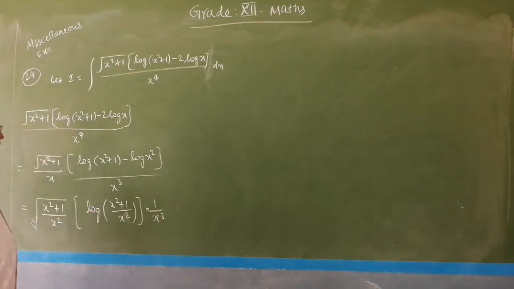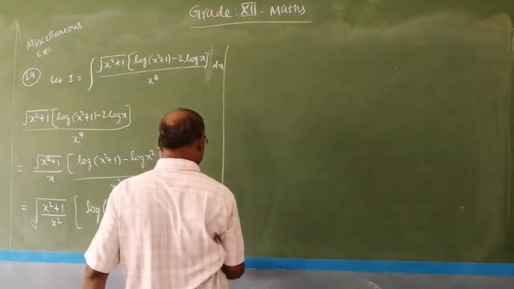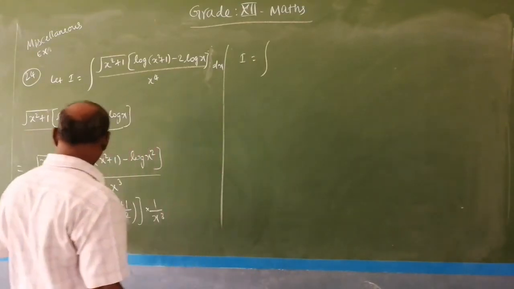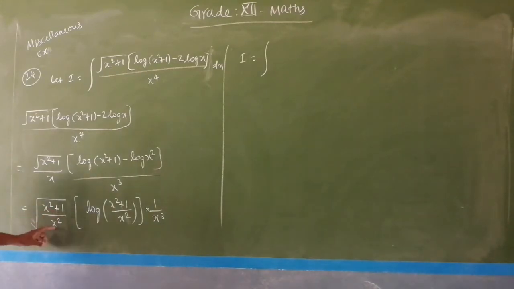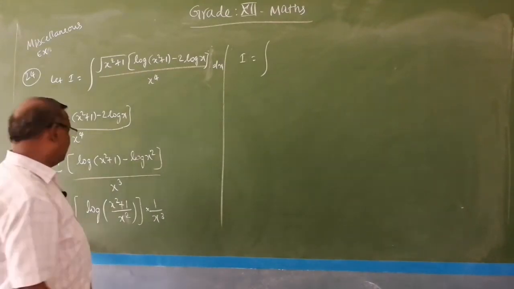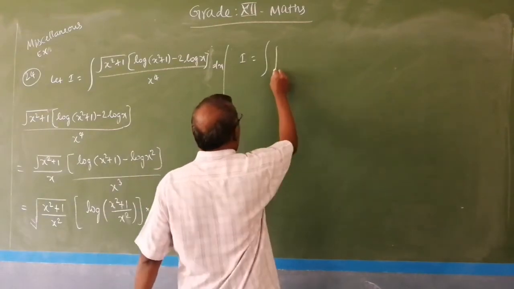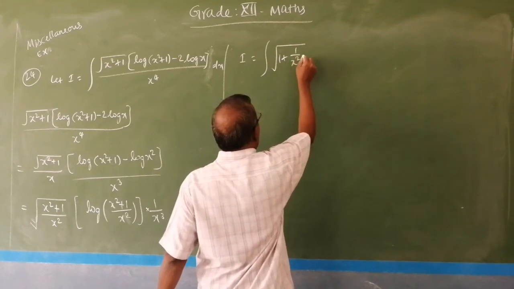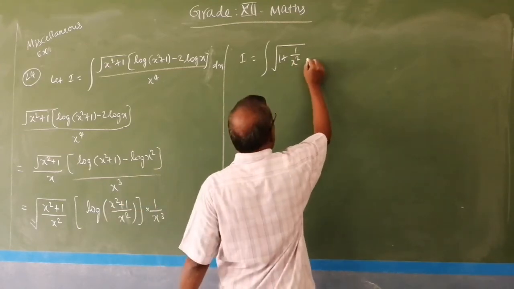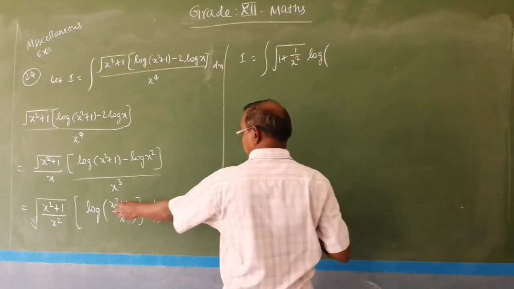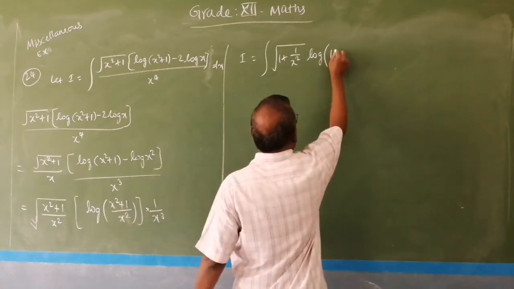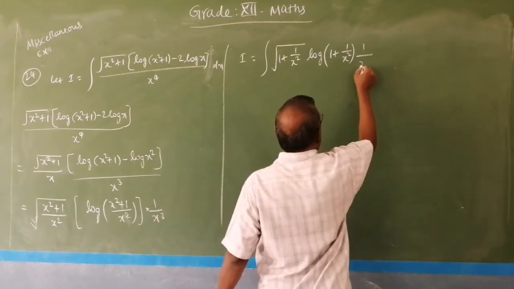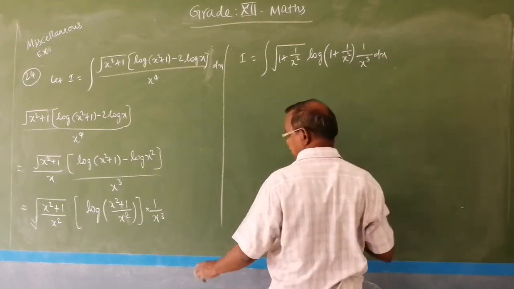Now write I as integral: x square plus 1 by x square means x square by x square plus 1 by x square, that is root of 1 plus 1 by x square, and this part is also log of 1 plus 1 by x square, and this is into 1 by x cube into dx.